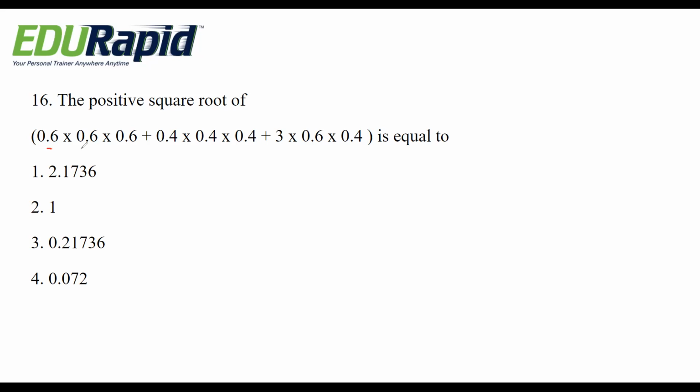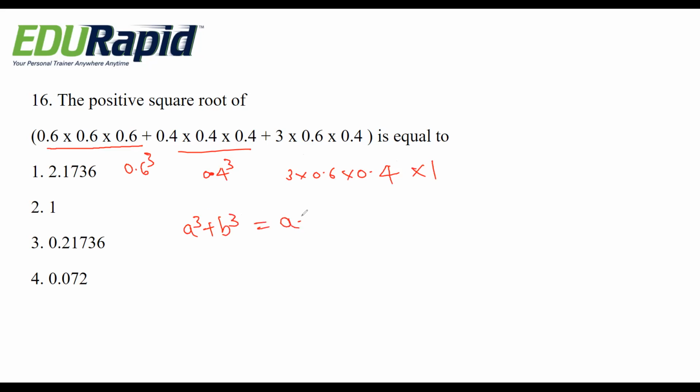Okay, it is 0.6 into 0.6 into 0.6. If you observe, it is 0.6 cube, and here it is 0.4 cube, 0.4 into 0.4 into 0.4, and here it becomes 3 into 0.6 into 0.4. So somewhere it is a combination of the formula a cube plus b cube.